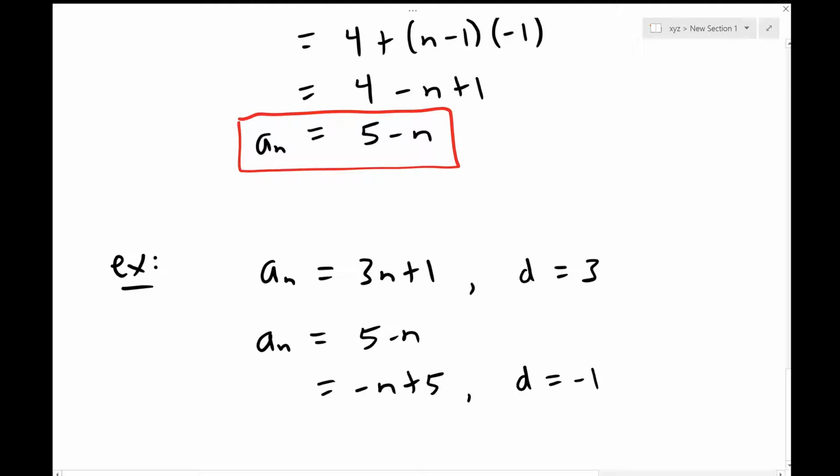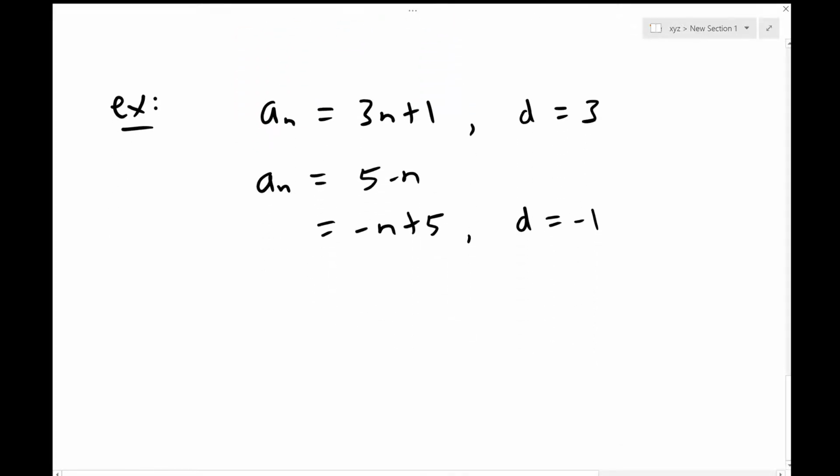Well, notice that the common difference always is the number that we're multiplying by n, and that happens every single time. In fact, the expression for an arithmetic sequence is going to be a linear expression in terms of n. This is an important fact to remember.